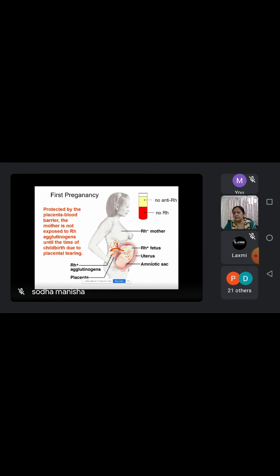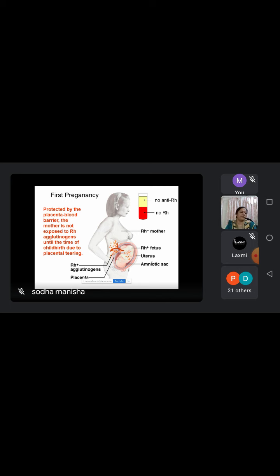It is the specific property of the Rh factor that if the person is Rh negative, but Rh positive blood enters the body, then anti-Rh factor will be developed in the blood.